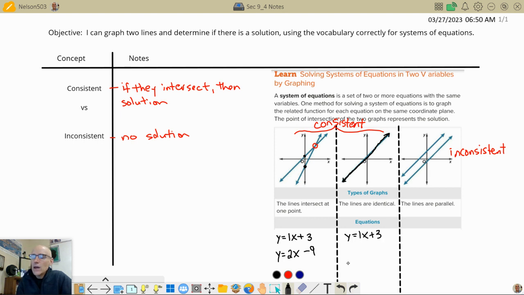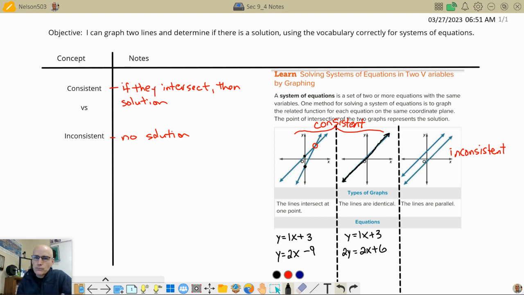And then let's say we multiply each one of the variables here by 2. So this becomes 2y equals 2x plus 6. So the two equations, they look a little different, but if you study them closely, this one here through division by 2 could be transformed back into this equation here. So really they're the same exact equation.